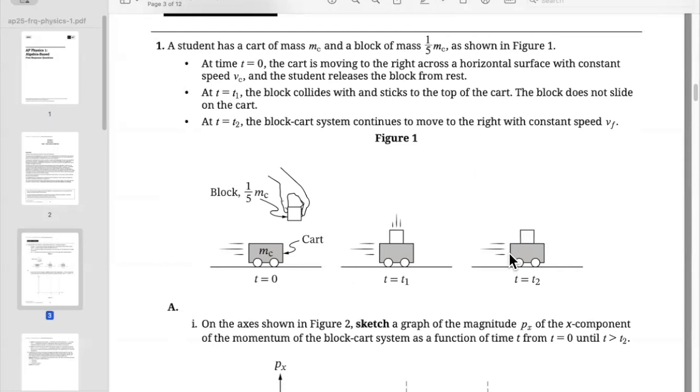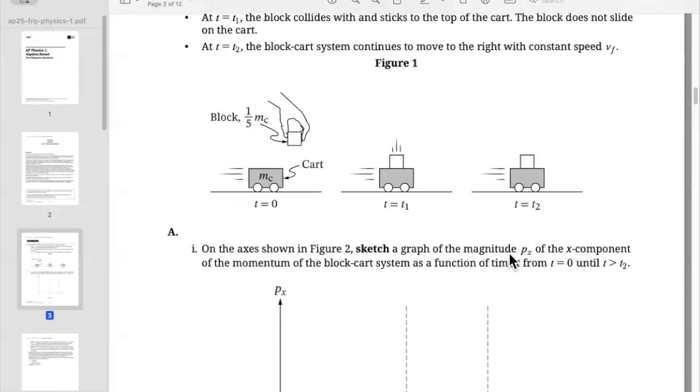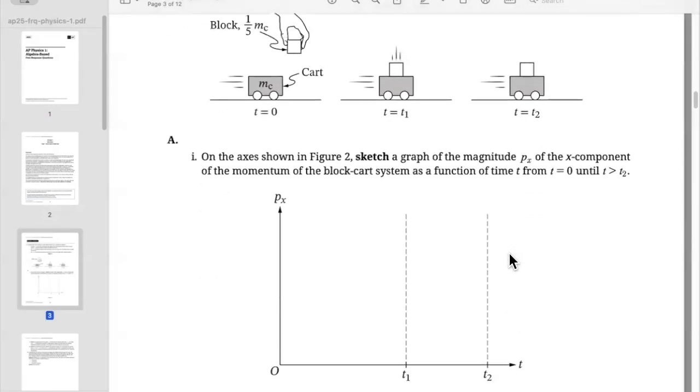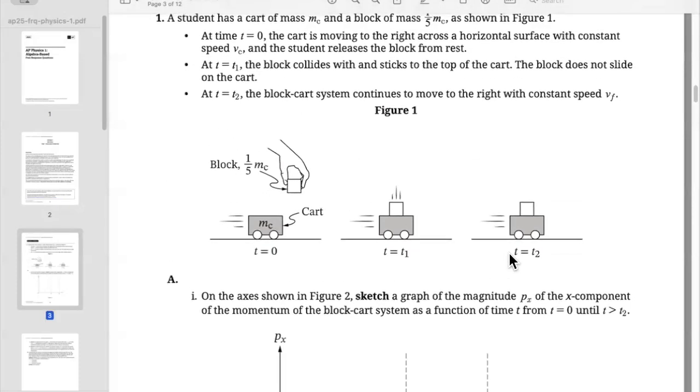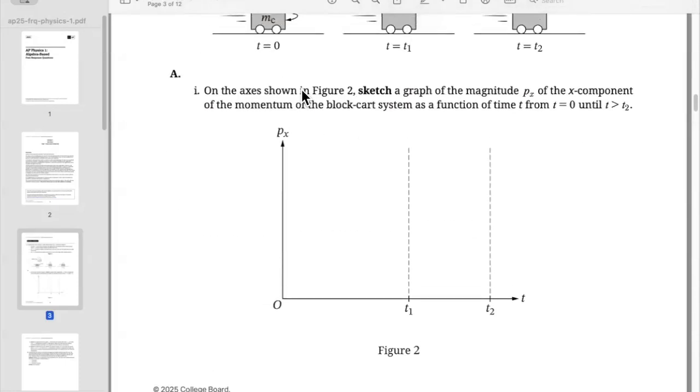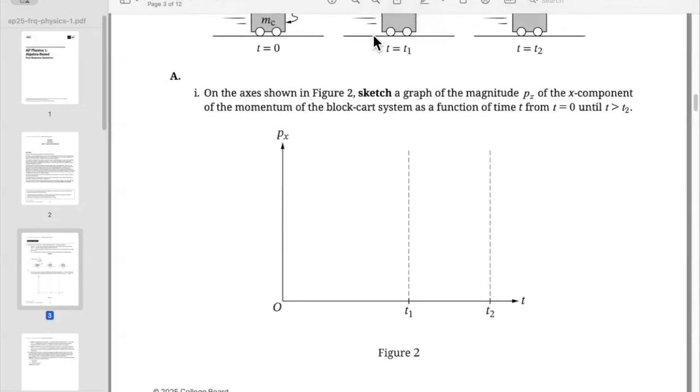So question one, mathematical representations. You've got two things. One has a mass 5 times greater than the other. Okay, this should not be too bad then. Sketch a graph for the momentum of the block-cart system.